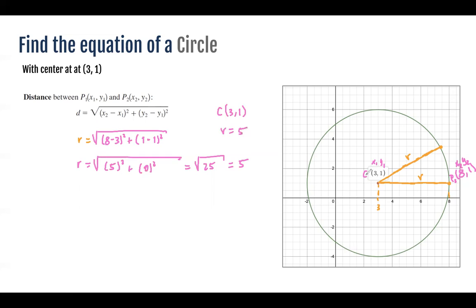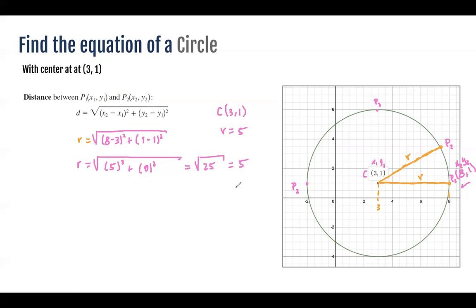What would have happened if, instead of using this point, I used this point, or what happens if I use this point right here as point number 2, or if I use this point as point number 2? It doesn't matter which point I use, as long as it is on the circumference, the radius is going to be 5.